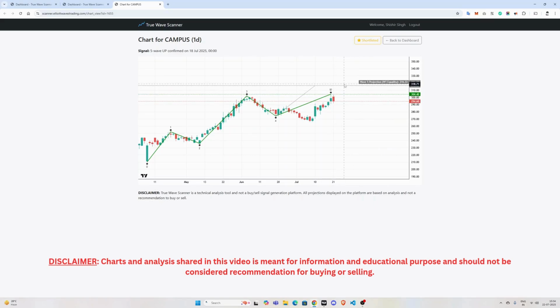So that's one way to trade it, but this is not my favorite setup, because this size is not really very significant, and for this kind of trade to be a great setup, wave 1 and even wave 3 have to be quite large so that we have a lot of space. So for example, if this projection was around here, then that would have given us quite a runway and we would have got a favorable risk reward as well. But in this particular case, it is not really a great setup.